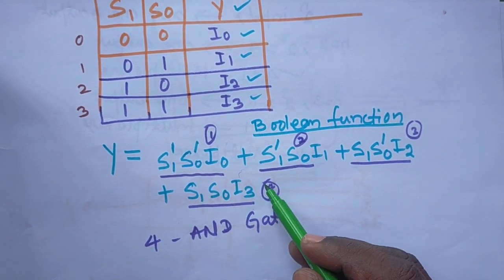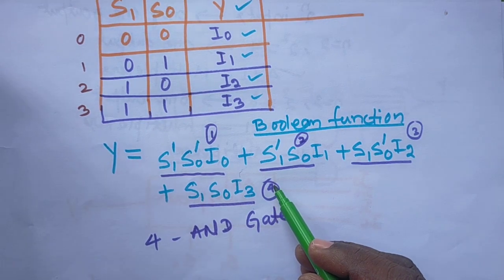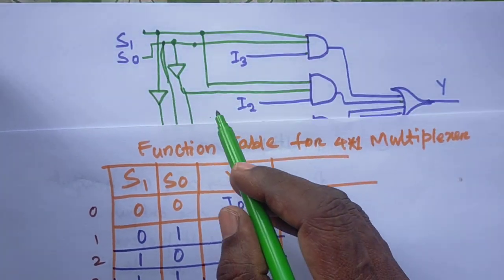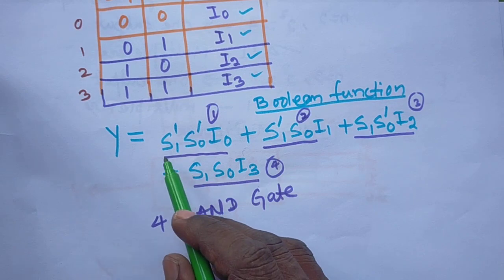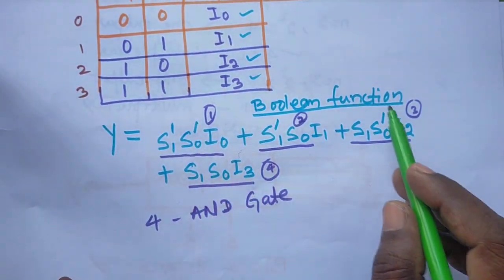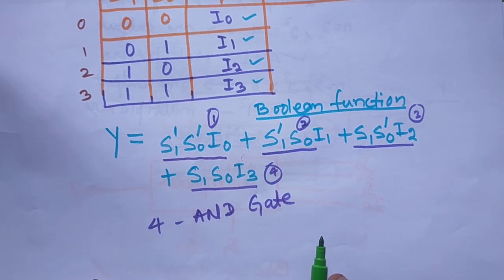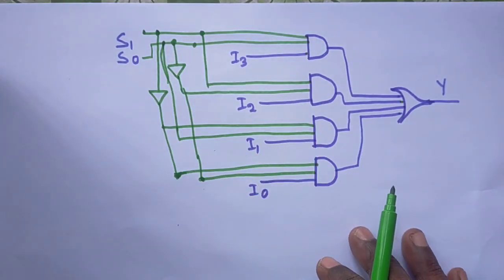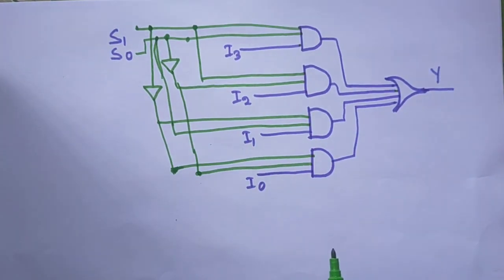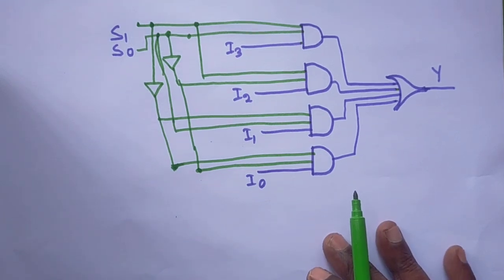The block diagram of this is defined on this particular Boolean function. This Boolean function we have to define, we have to create it. After creating this Boolean function, then we have to design the block diagram of the corresponding multiplexers.